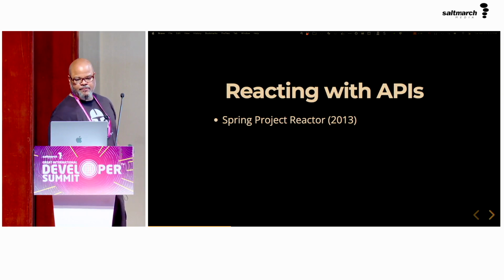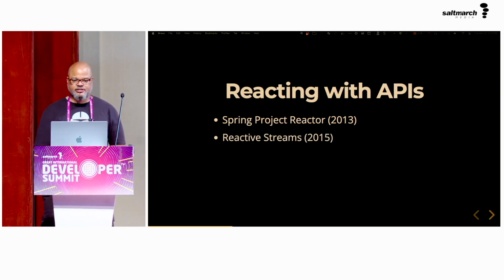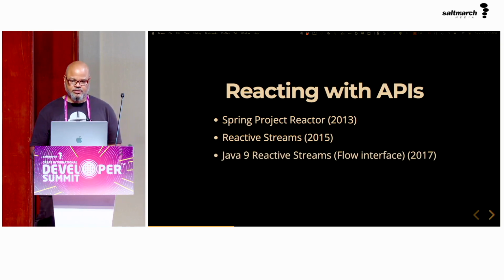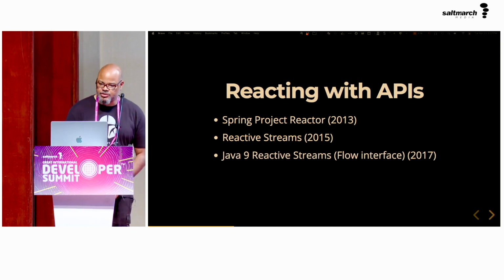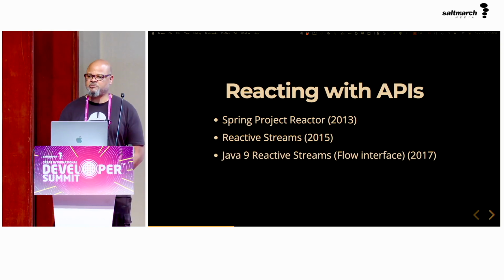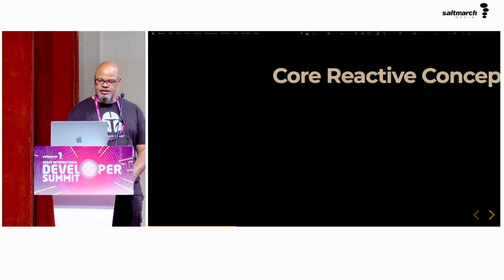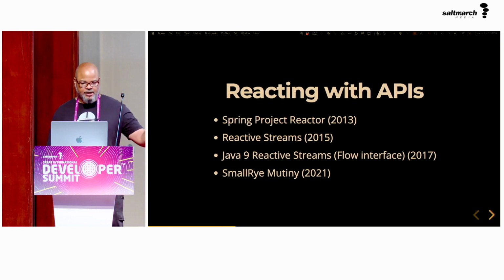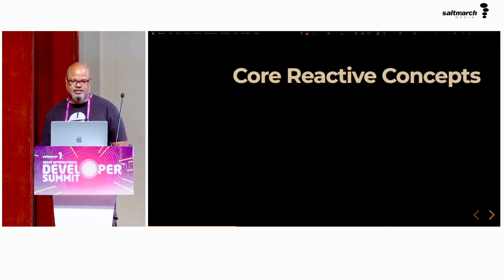And of course, we have Spring Project Reactor, which is used in WebFlux, and Reactive Streams in 2015. This is an interface that is part of pure Java: Java 9 and higher has Reactive Streams built into it. There's also SmallRye Mutiny, which is used by Quarkus as well. So all this came out with their cool Reactive APIs.